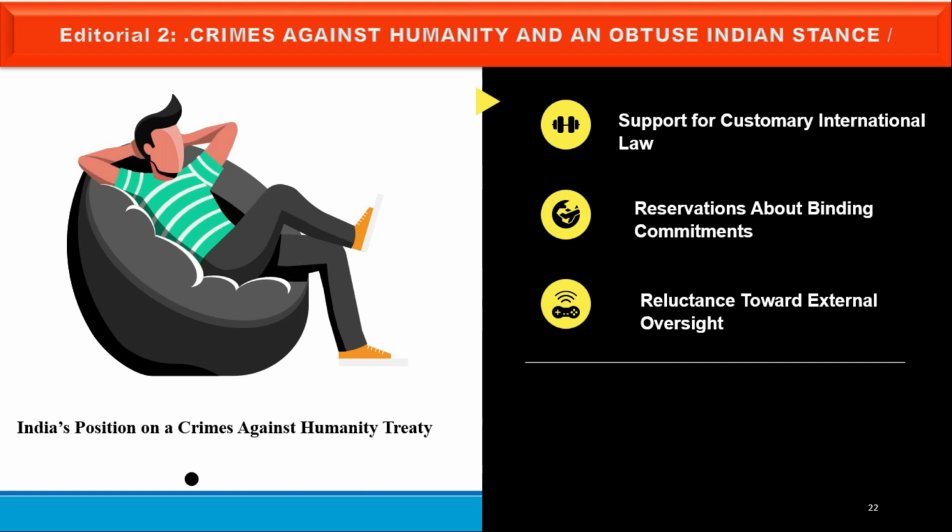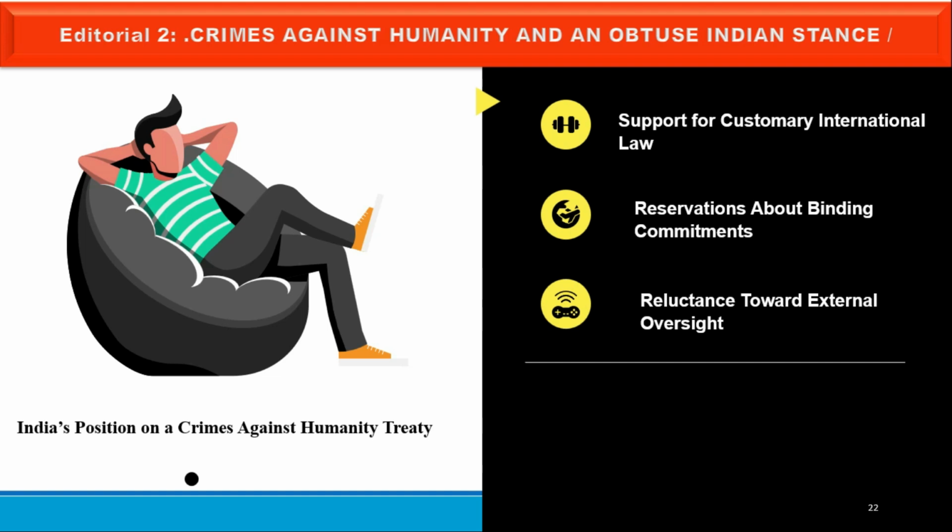First of all, support for customary international law. India supports addressing crimes against humanity under customary international law, but prefers national jurisdiction to take precedence, and there is also a reservation about binding commitments. A treaty on CAH like the Rome Statute could impose obligations on India that may conflict with its domestic law and national security interests.